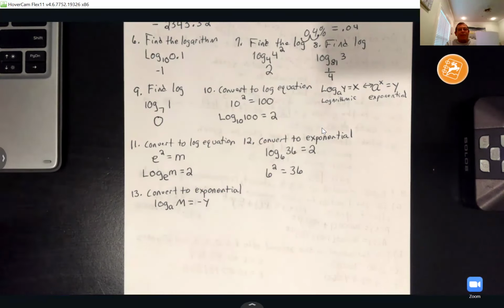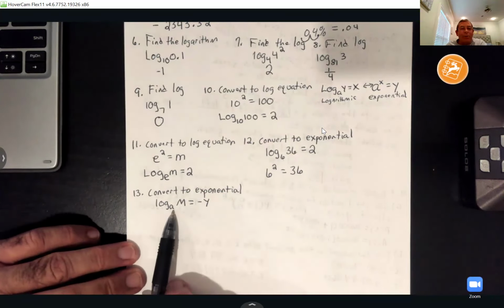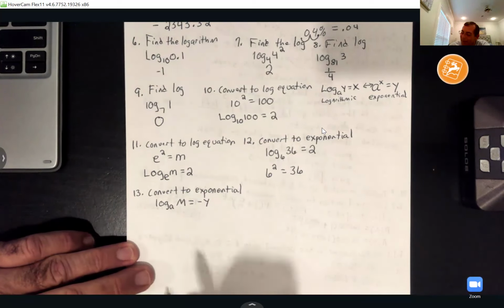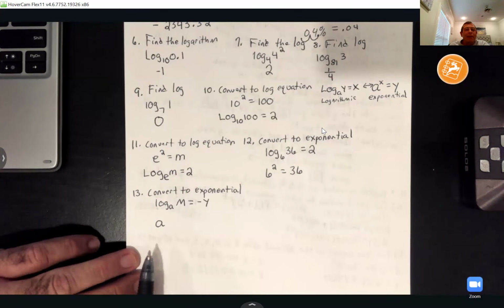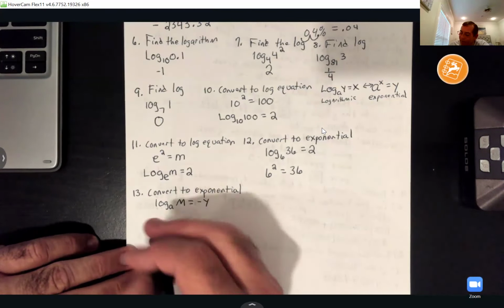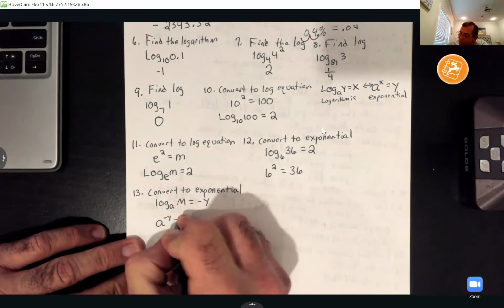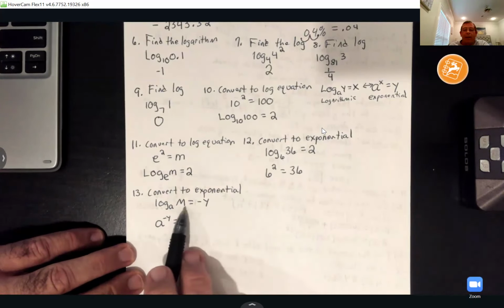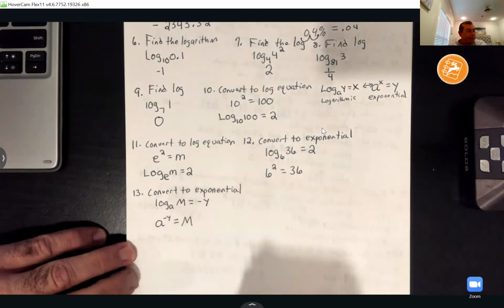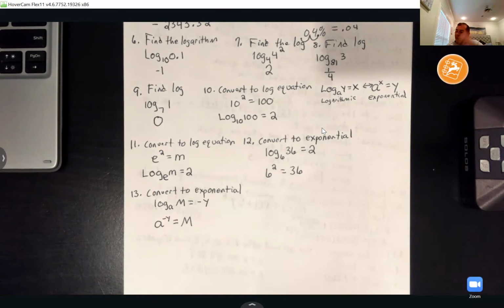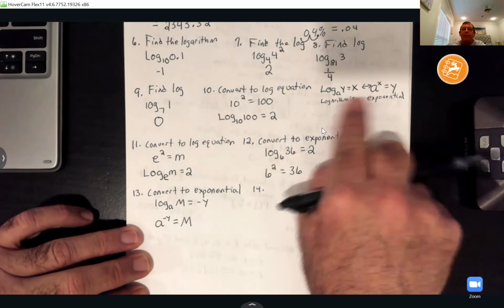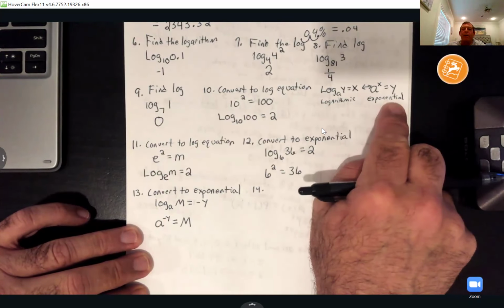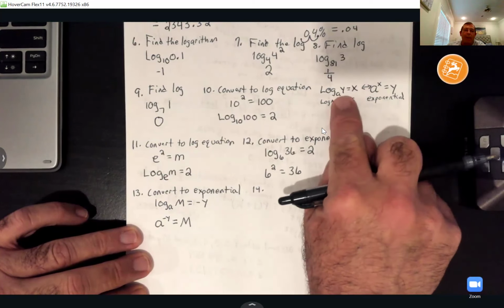Yeah. All righty, so I guess I need the base. Well, guess what? The base is the A. The exponent is the negative Y. And that's going to equal my result of a capital M. Okay, y'all, so remember, for these 4 problems, I'm following this conversion, from logarithmic to exponential, exponential back into logarithmic.